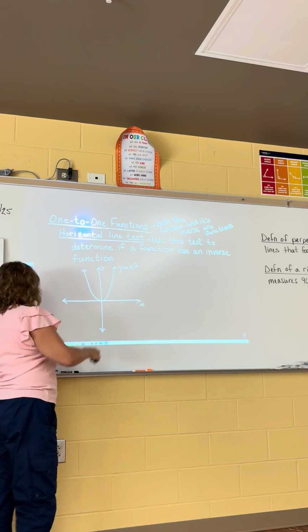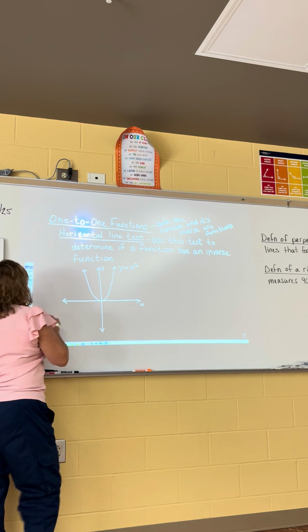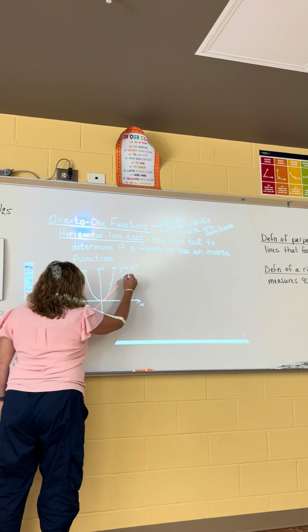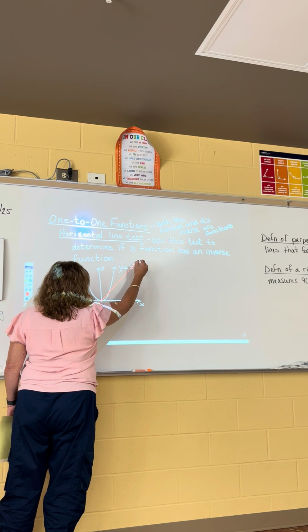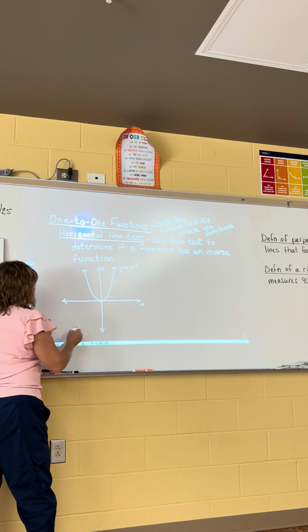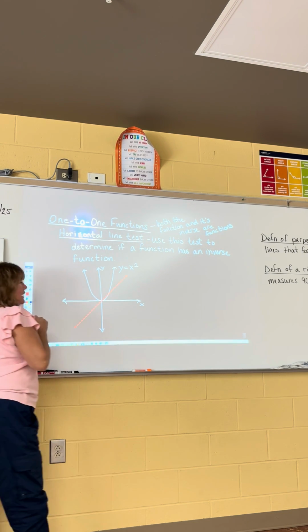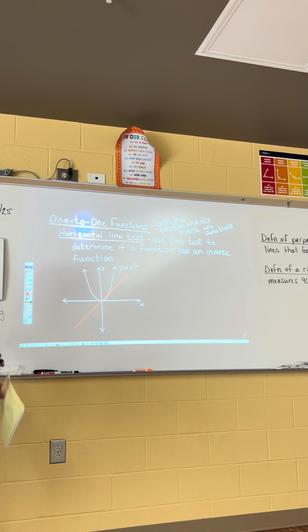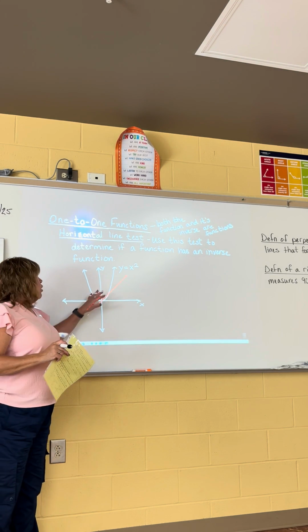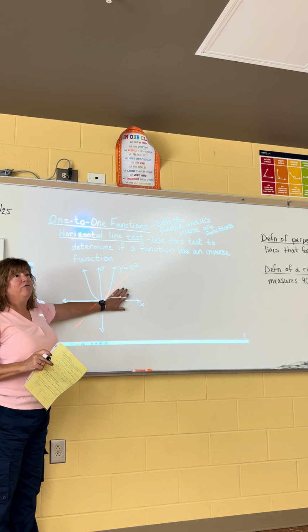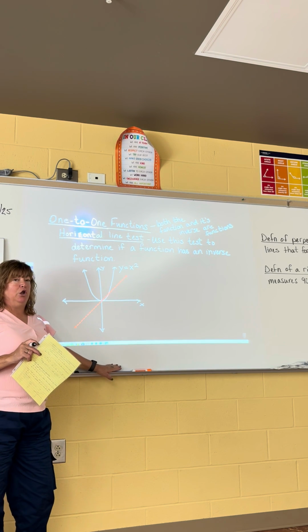All you do is hit the function in one point. Okay, now imagine this is the line y equals x. The dotted line is y equals x. If I flip y equals x squared over this red line, what's it gonna look like?